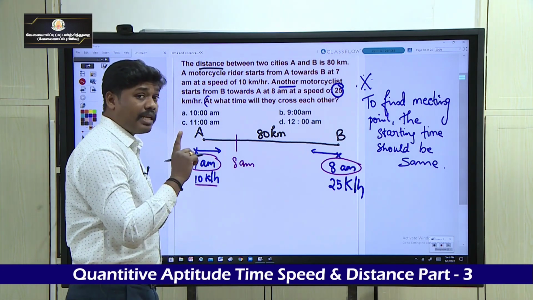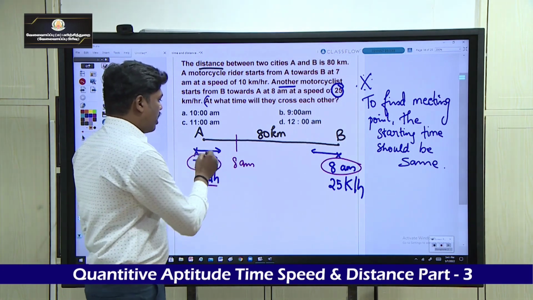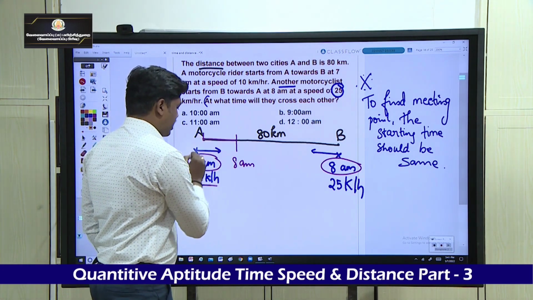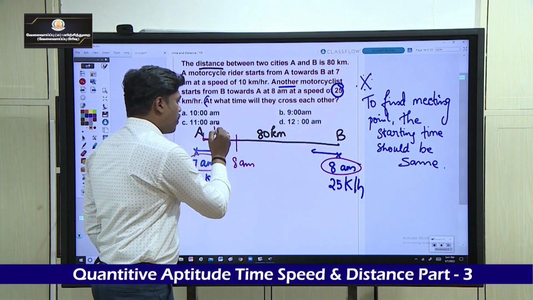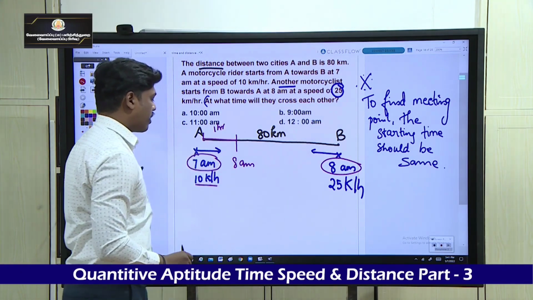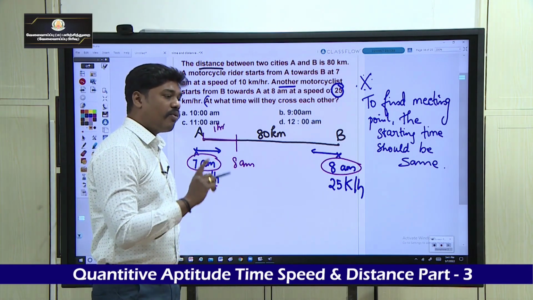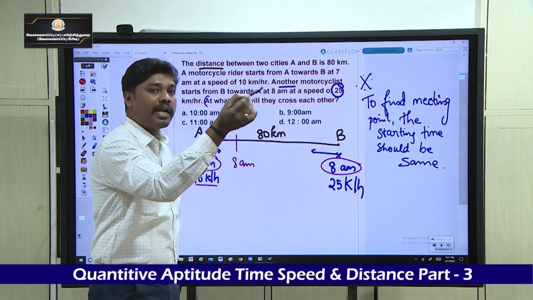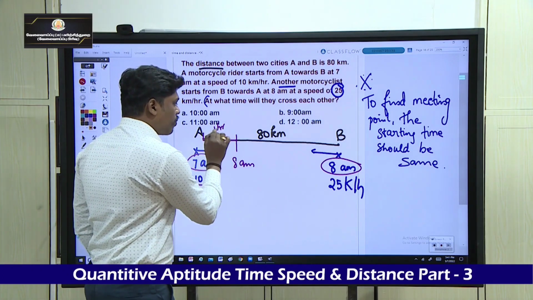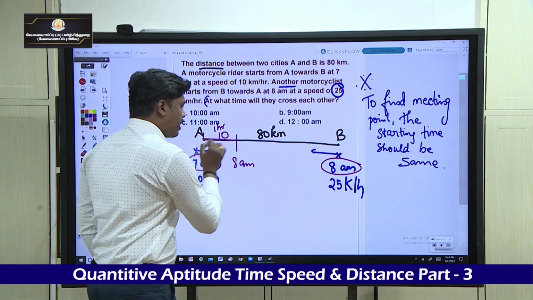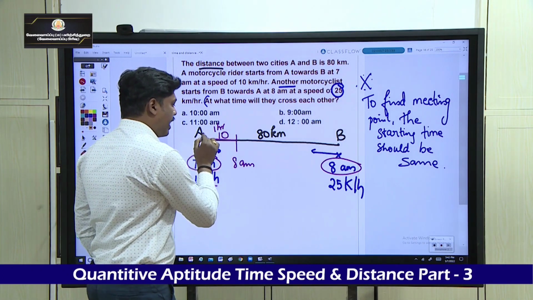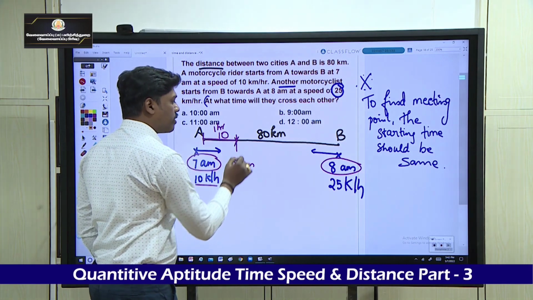Speed is 10 kilometer per hour. And look at the time, 7 am, 8 am, so there is 1 hour difference. He is moving at 10 kilometer per hour, which means in 1 hour he travels 10 kilometer. At 8 am he would be at this point.